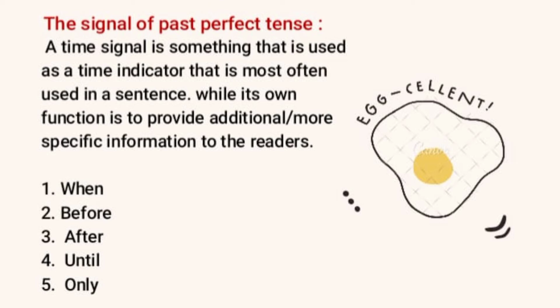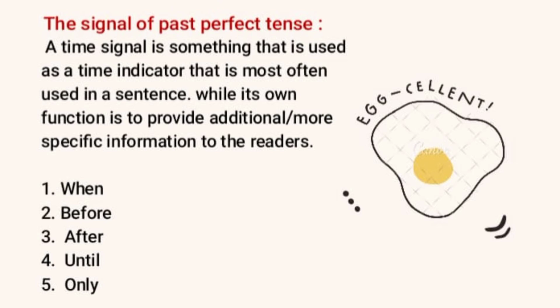The following time signals are used in the past perfect tense. There are 5. 1 before, meaning belum, 2 after, meaning setelah, number 3 when, meaning ketika, 4 until, meaning sampai, and the last only, meaning hanya.